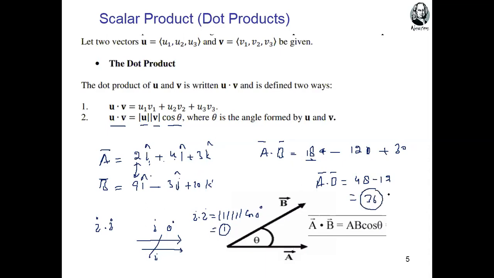And 36 is a scalar number. No need of writing i, j, k, because the dot product is the product of two vectors, but the result is a scalar quantity. Clear?